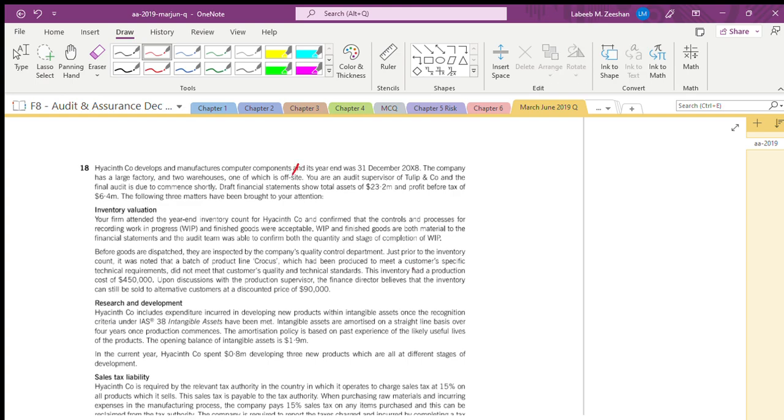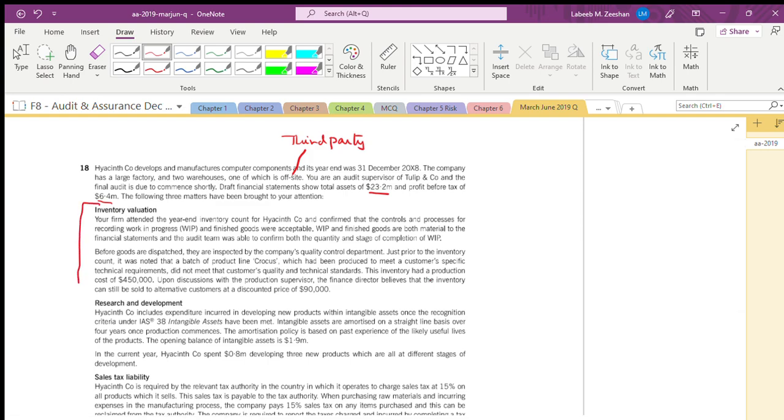You are an audit supervisor of Tulip and the final audit is due to commence shortly. Draft financial statements show total assets of 23.2 million and profit before tax of 6.4 million.